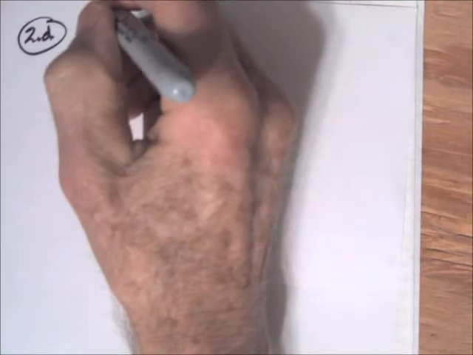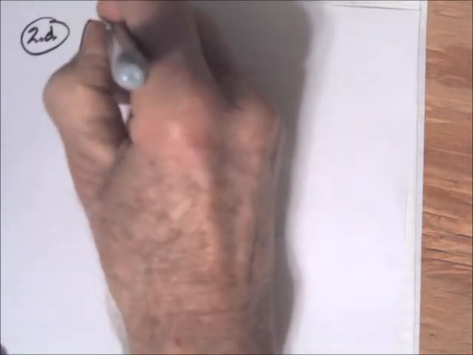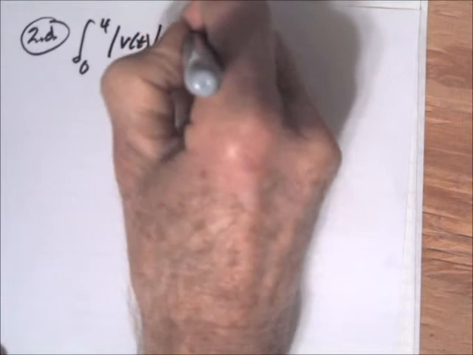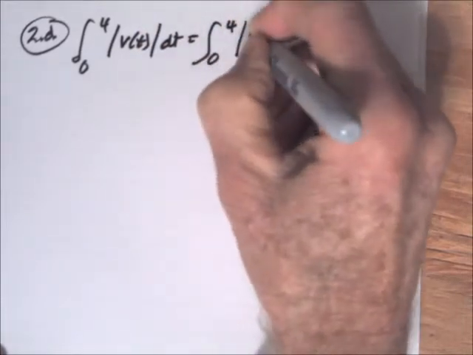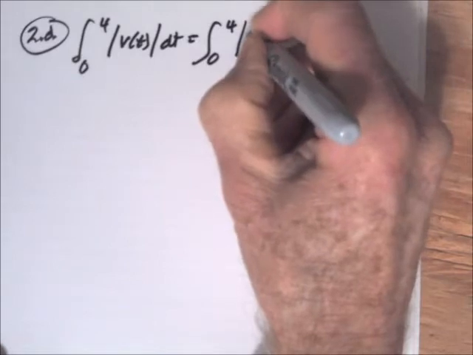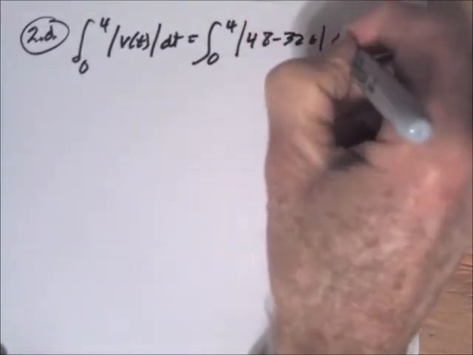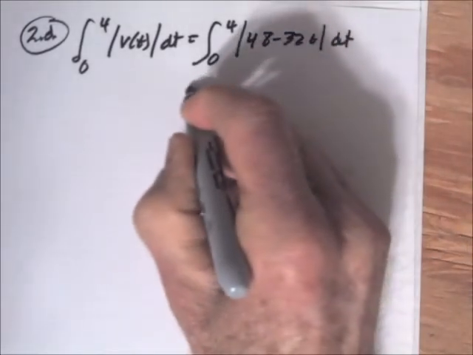So the total distance traveled is going to be the integral from 0 to 4 of the absolute value of v of t dt, the integral from 0 to 4 of the absolute value of 48 minus 32t dt.